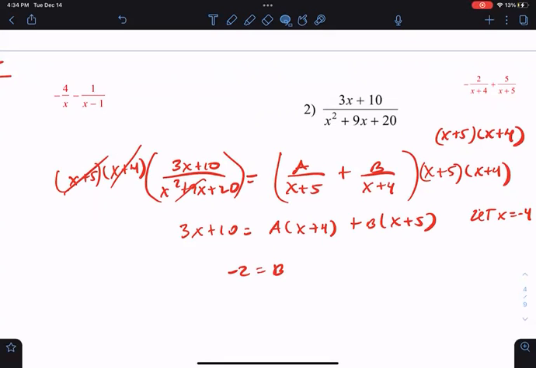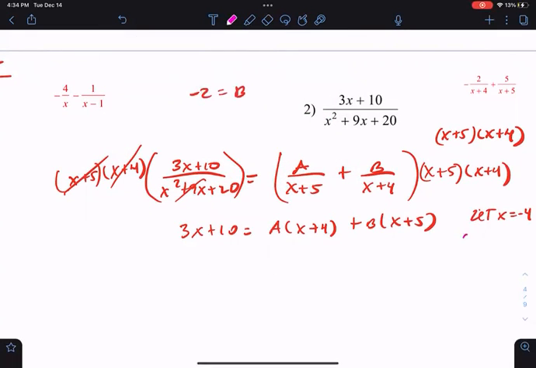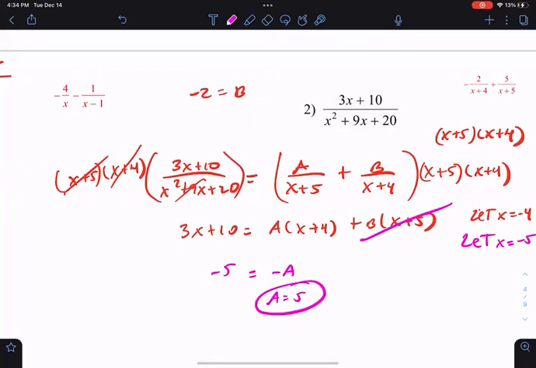And for a, if we let x equal negative 5, this will disappear, right? And we get negative a equals negative 15 plus 10, which is negative 5. So a equals 5. So we got that.